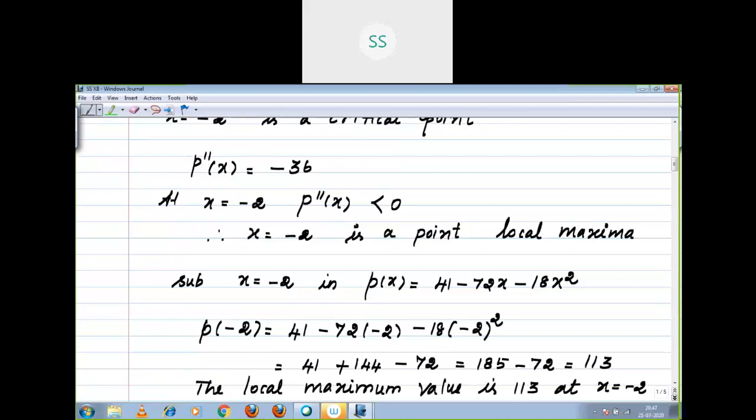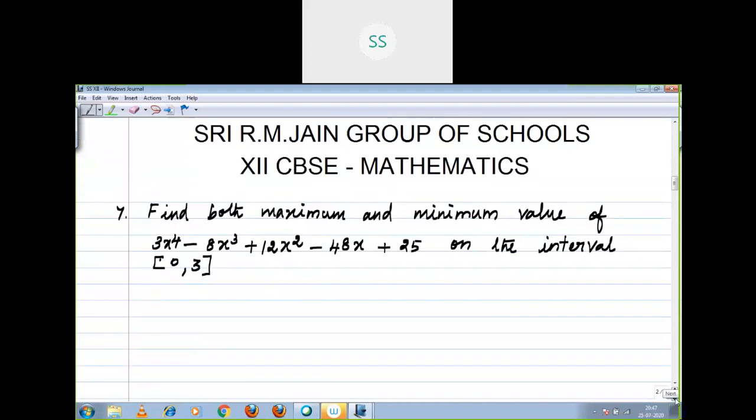Now, we will pass on to the next question. Find both the maximum and minimum value of 3x⁴ - 8x³ + 12x² - 48x + 25 on the interval [0, 3]. Here the interval is given.